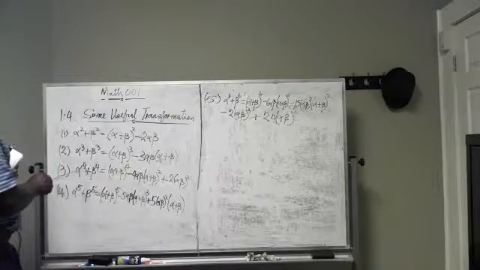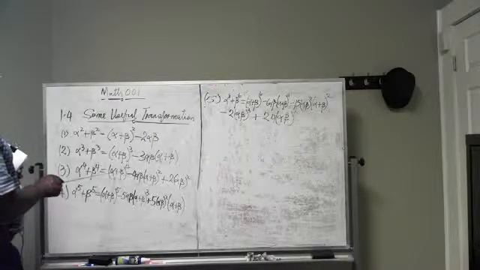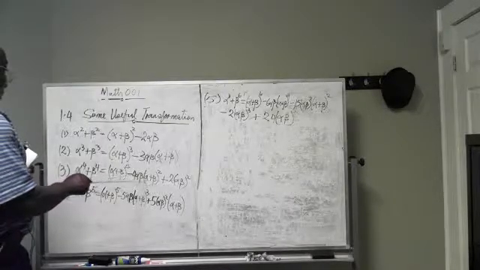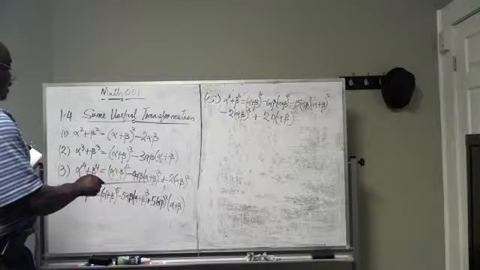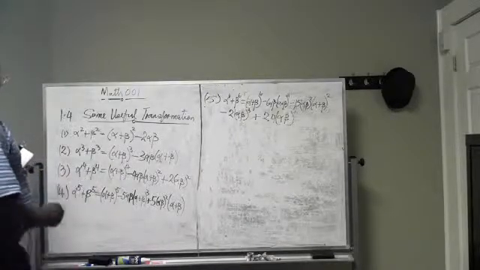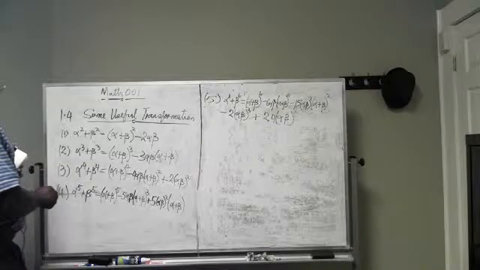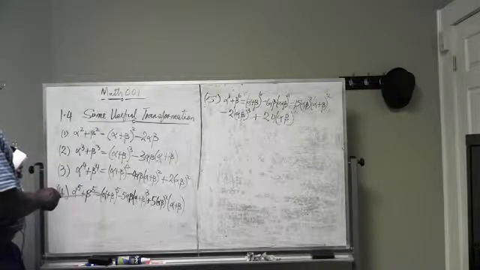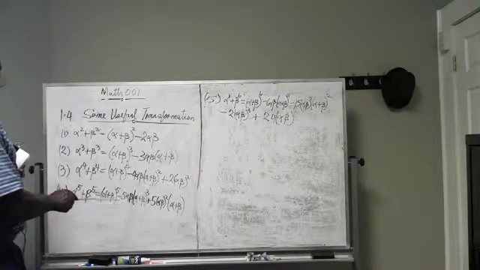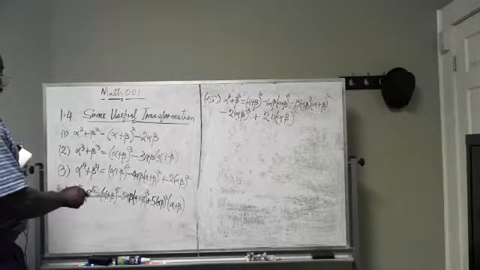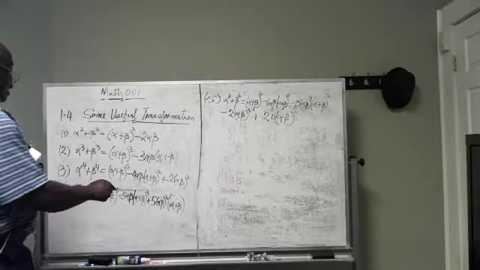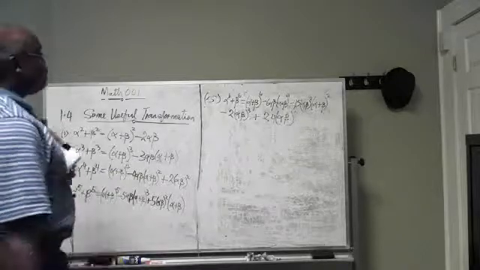Alpha to the 4 plus beta to the 4 is equal to alpha plus beta to the 4 minus 4 alpha beta into alpha plus beta all squared plus 2 alpha beta squared. Alpha to the 5th plus beta to the 5th is equal to alpha plus beta all to the 5th minus 5 alpha beta into alpha plus beta cubed plus 5 alpha beta all squared into alpha plus beta.